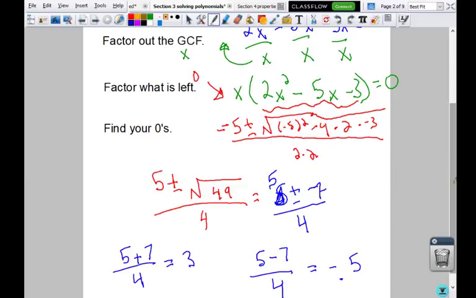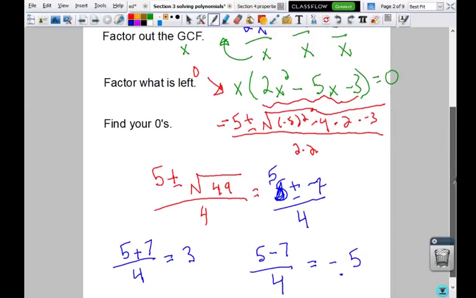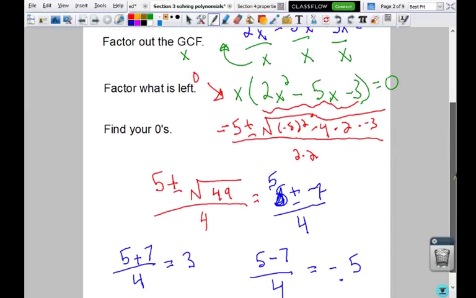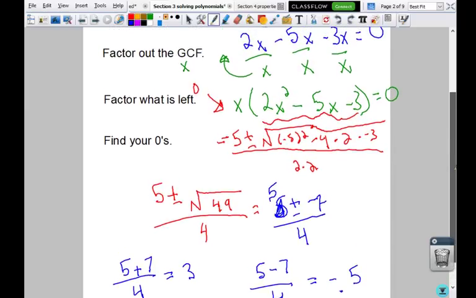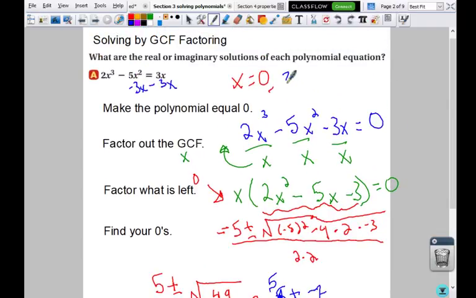Negative 0.5, 0. X equals 0, 3, negative 0.5.